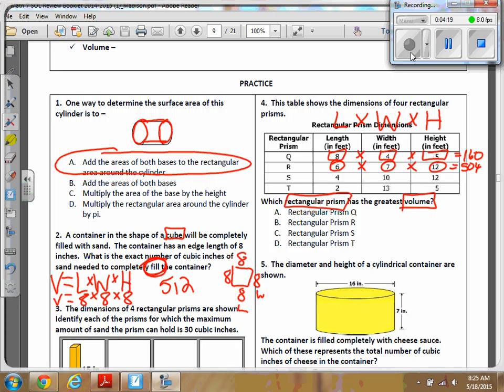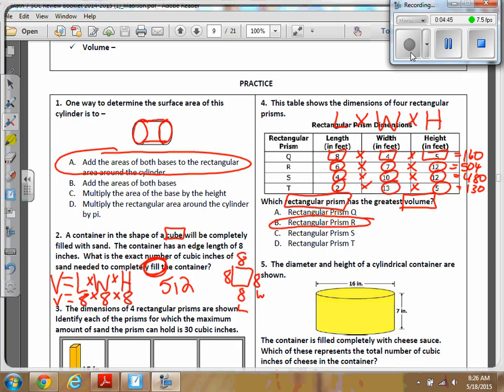Now I'm going to look at S, and I'm going to do 4 times 10 times 12, and that gives me 480. Now I'm going to do 2 times 13 times 5, and I get 130. So looking at those, obviously R has the greatest volume.